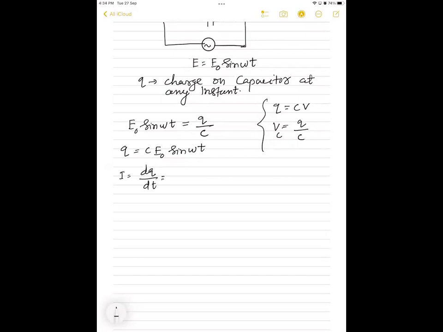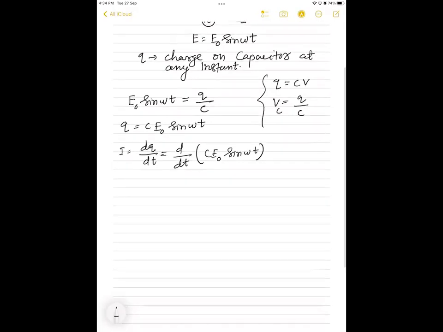Current is the rate of flow of charge, right? So I is equal to d by dt of C E naught sine omega t. What is the derivative of sine theta? Cos theta. So cos omega t into omega.